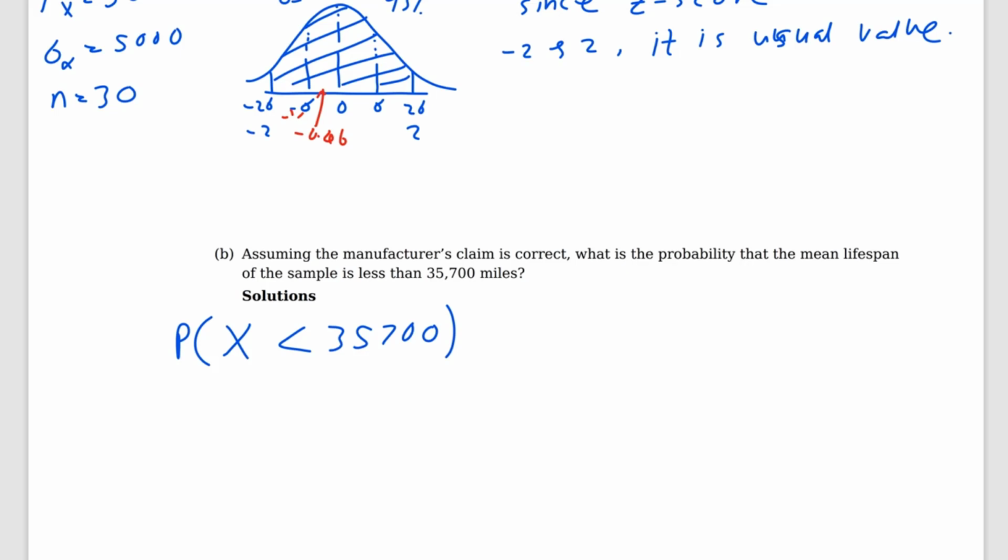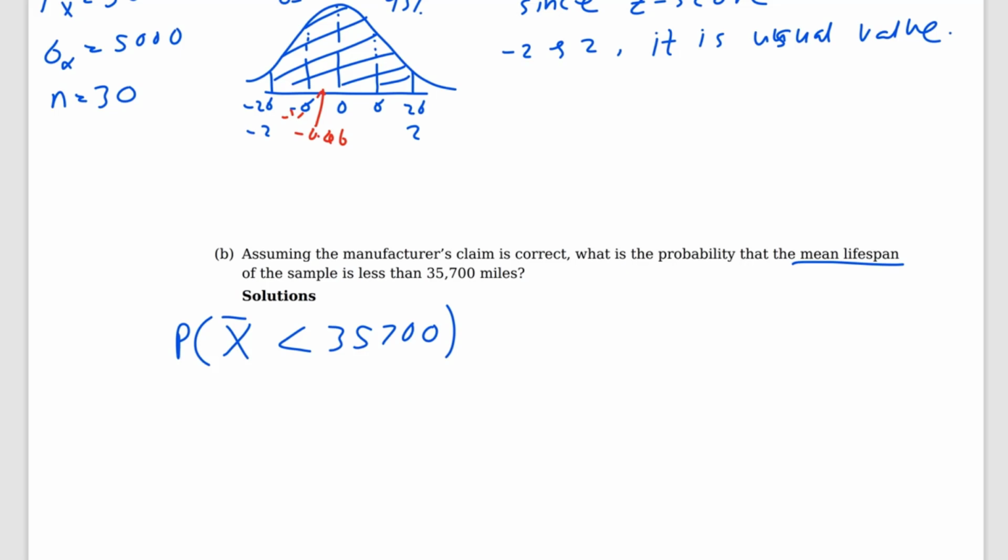Understand that they are not asking just lifespan. They are asking mean lifespan. Therefore, that must be X bar. So that's why for the test, I give both ways. You need to read the problem very carefully and understand it first.